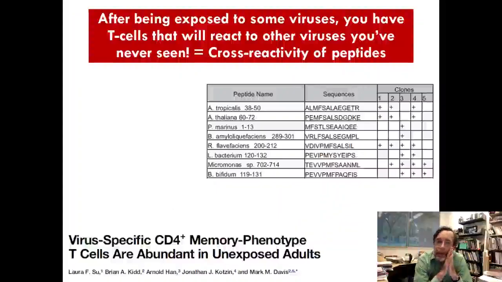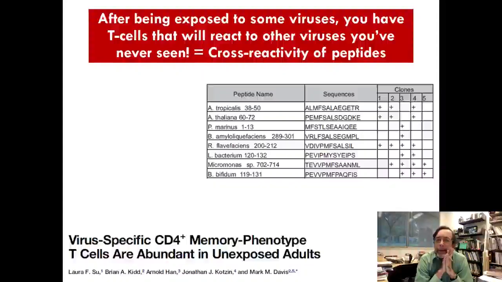Cross-reactivity can actually work the other way, and they found this out kind of by accident. This is Mark Davis's lab. This is our journal, Club A. After being exposed to some viruses, you'll have T cells that will react to other viruses that you've never seen.